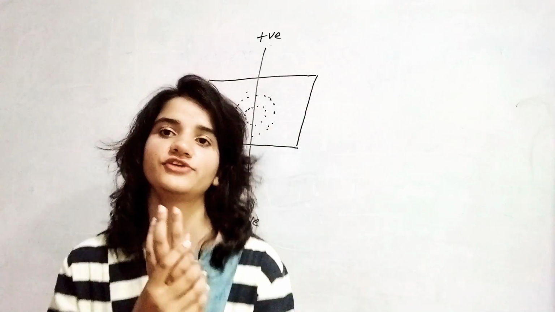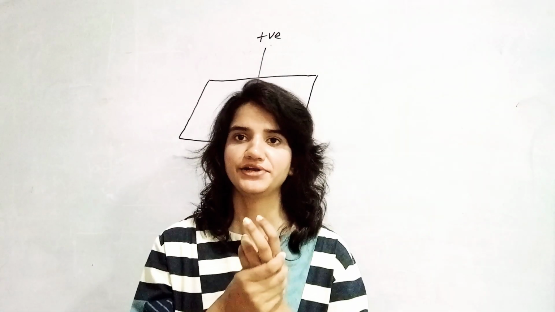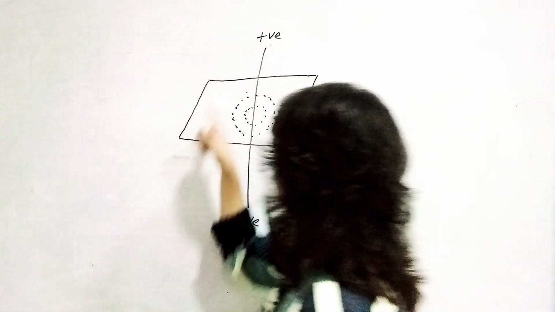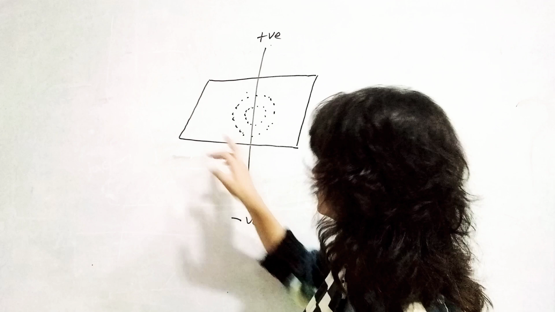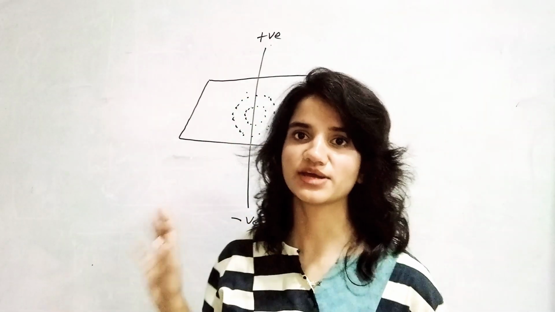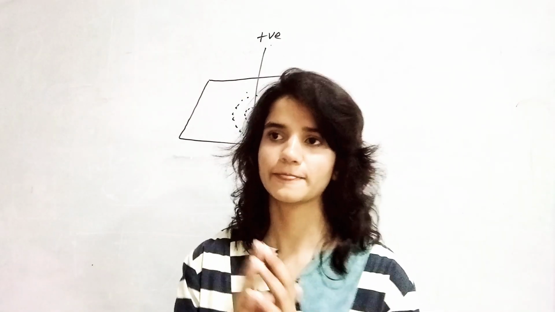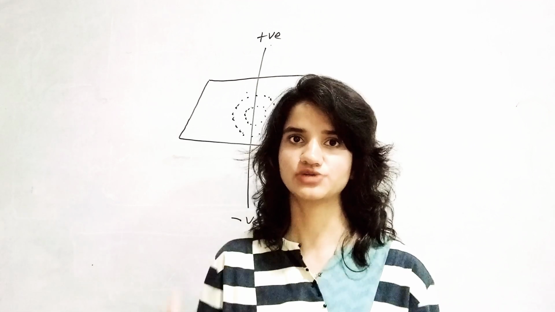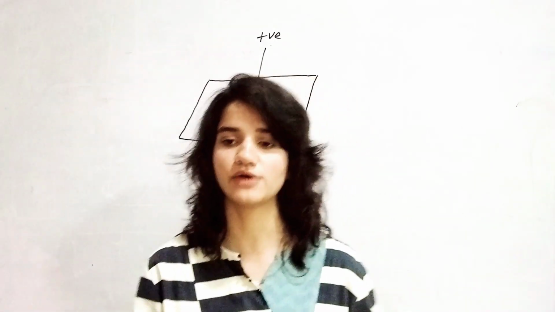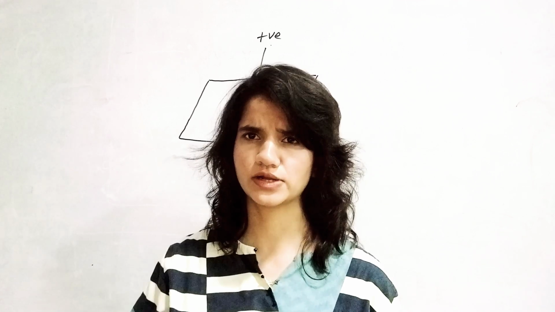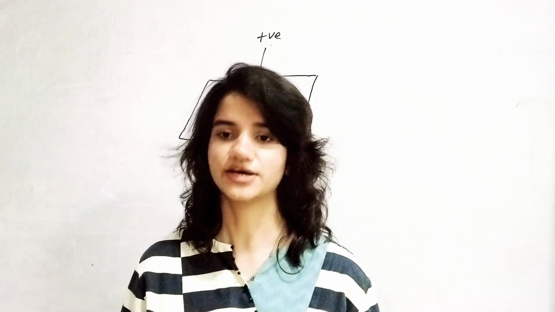Now there are two things to identify: the direction of this current and the direction of this magnetic field. The current direction can identify the direction of the magnetic field. How can we get to know the direction of the magnetic field with the help of the direction of current?